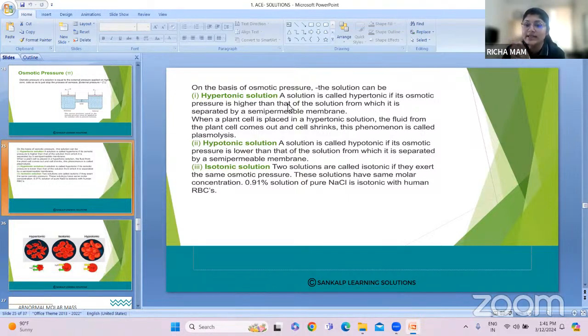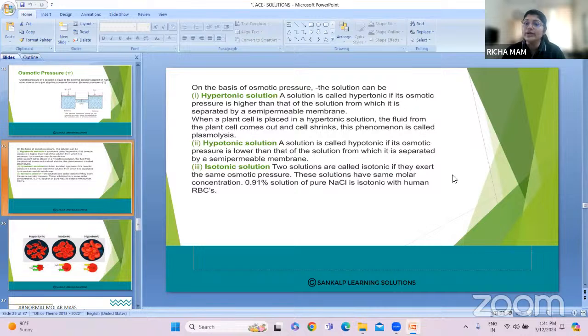Now what is the example of a hypotonic solution? Same thing. If I take the red blood cells, the RBC, and place them in an NaCl solution, the saline solution, with NaCl concentration less than 0.91%, then what will happen?